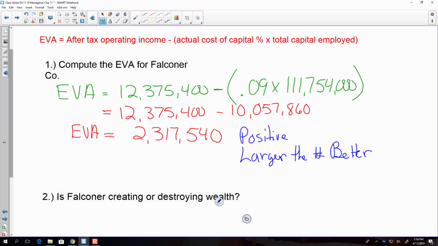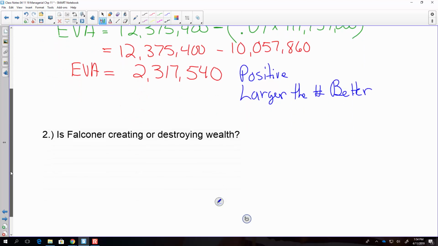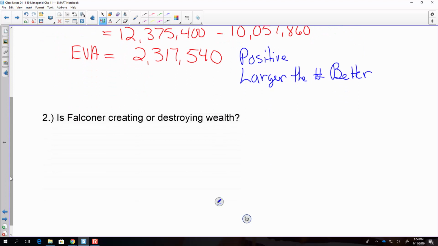So that's the goal here. With EVA, the author has us decide whether they're creating wealth or destroying wealth. If it's a positive EVA, we're creating wealth.